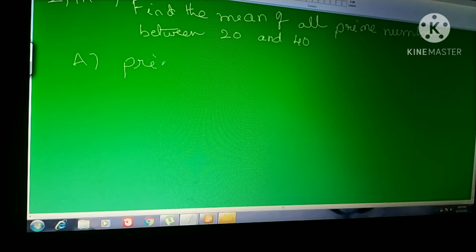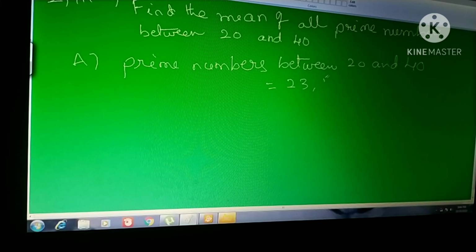So like this, write down prime numbers between 20 and 40. What are they here? 23, 29, 31, 37.